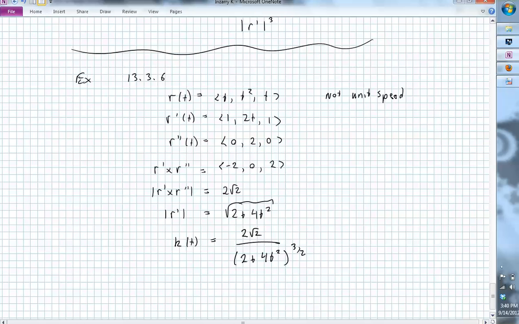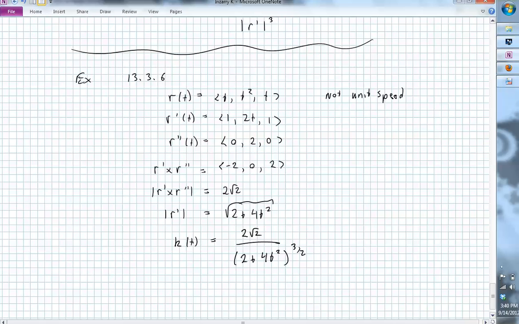You can understand a little bit about the geometry of this curve. Where is this curve bending most rapidly? At t equals 0, it's 2 root 2 over 2 to the 3 halves, whatever that is.